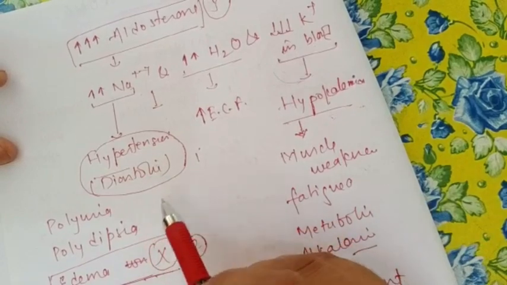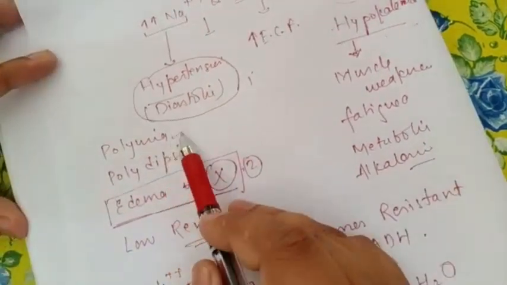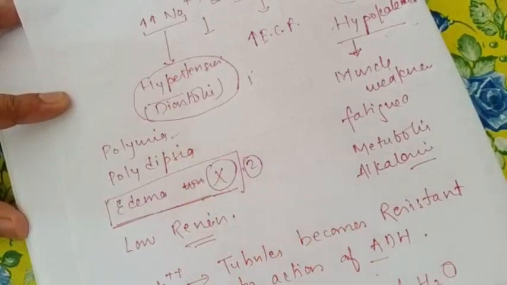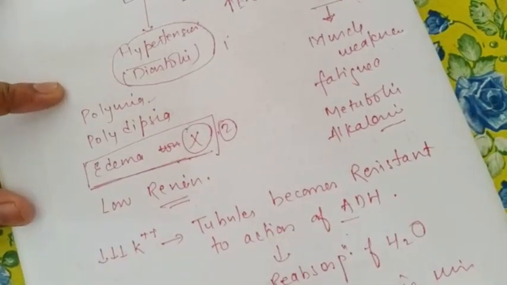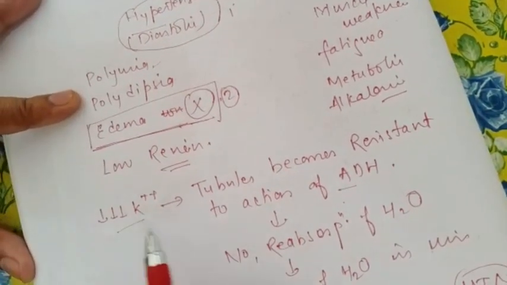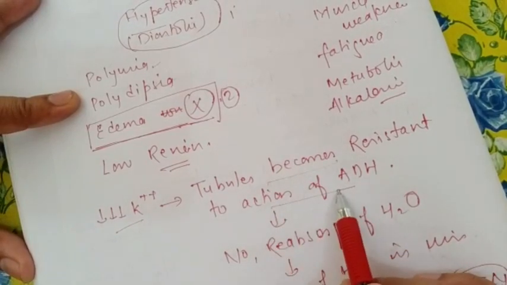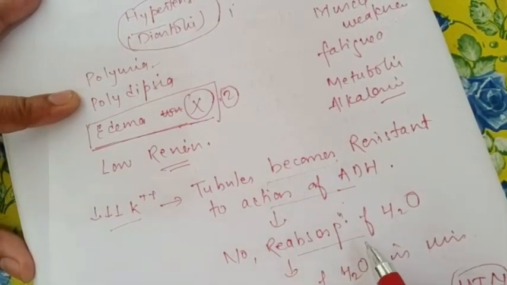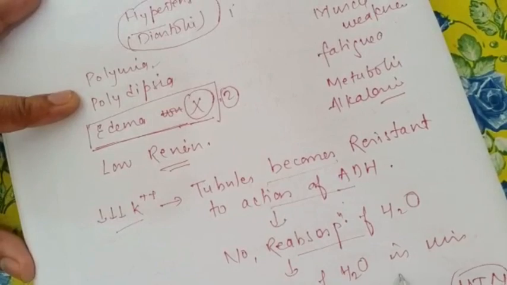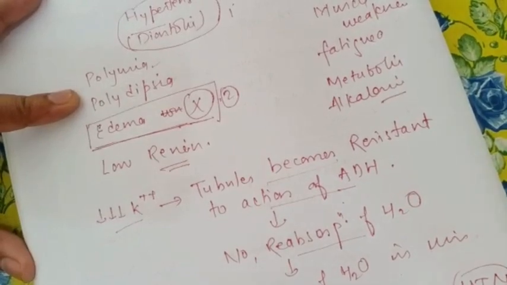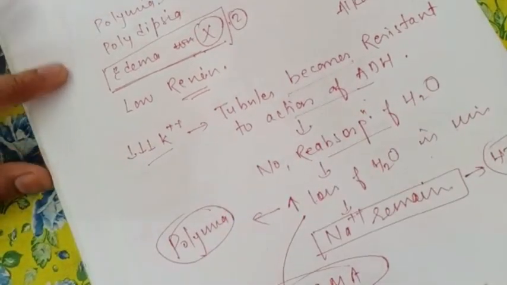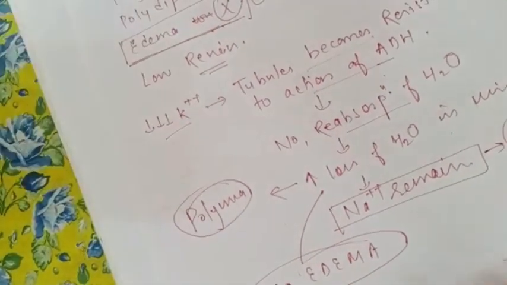Hypertension would be more diastolic, and there would be polyuria and polydipsia, while edema would be absent. We discussed why edema would be absent: because of the low potassium, the tubules become resistant to the action of ADH, so there is no reabsorption of water, which leads to increased loss of water in urine and polyuria. And as the water keeps on going out, there will be no edema.